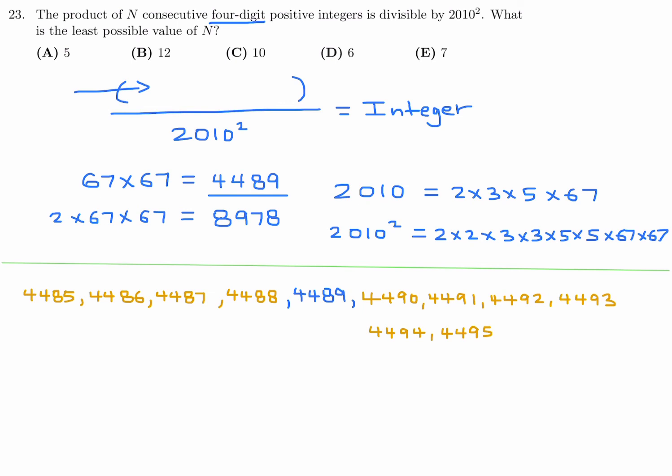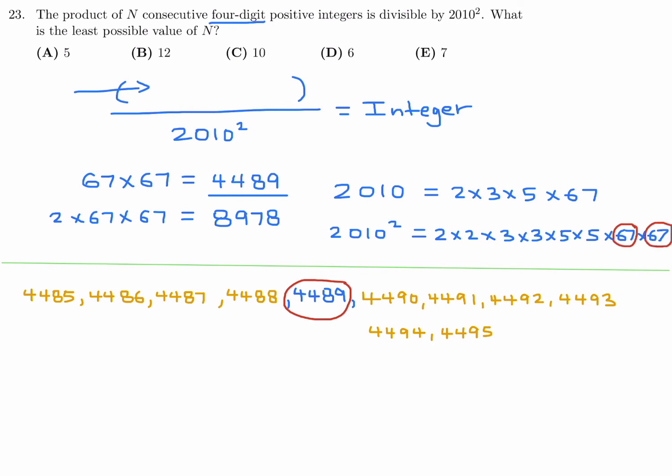So I've got to ensure that every single one of these prime factors is included in the numbers that I choose. Starting with 4489, it's obviously divisible by 67 times 67. So this one takes care of both 67s.